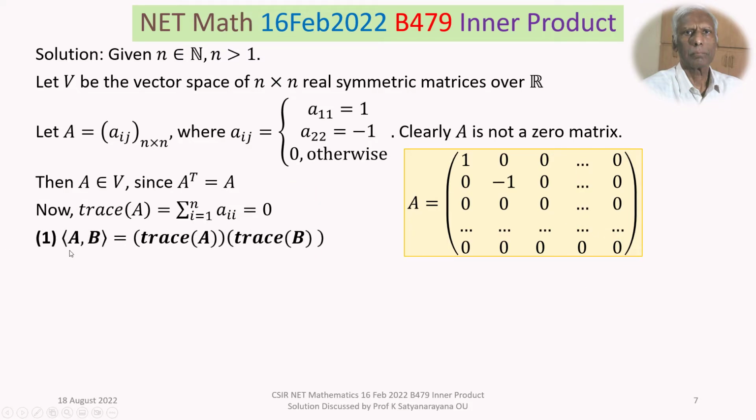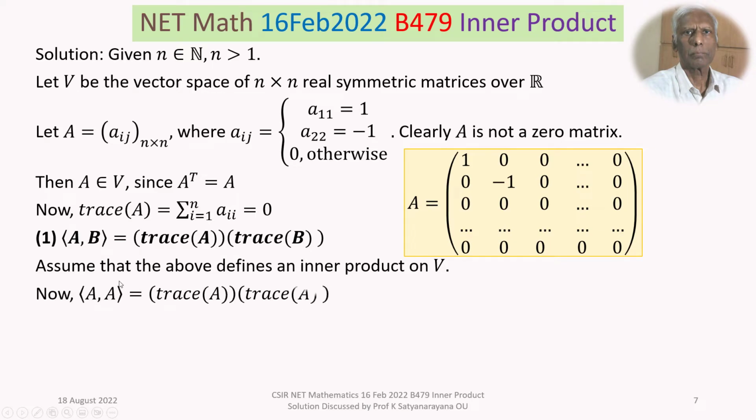And let us take option 1. The bracket A comma B is equal to trace of A into trace of B. We test the positive definiteness. Assume that this defines an inner product on V. So the bracket A comma A is equal to trace of A into trace of A. In the place of B we have taken A, and trace of A is 0, so 0 into 0 is 0, but A is not a 0 matrix.